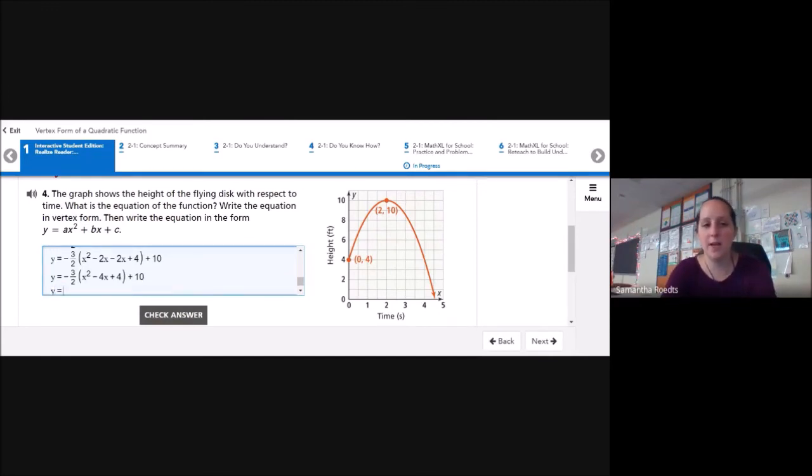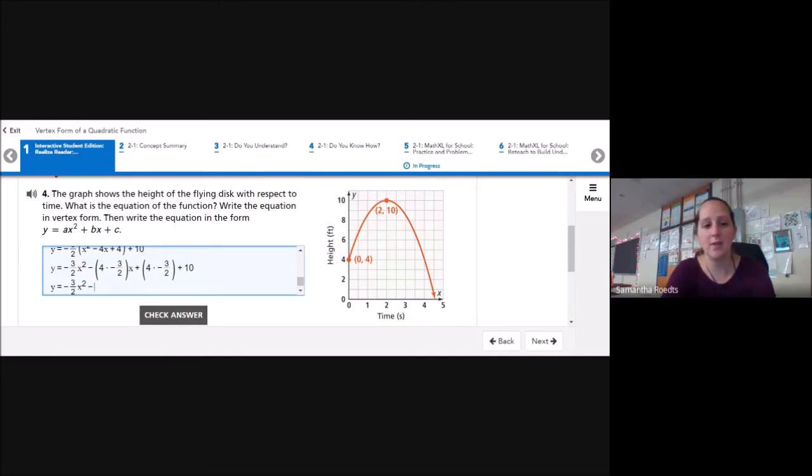So then I'm going to distribute that negative 3/2. So I have negative 3/2 x squared minus 4 times negative 3/2 x plus 4 times negative 3/2 plus 10. Okay. 4 times 3 is 12, divided by 2 is 6.